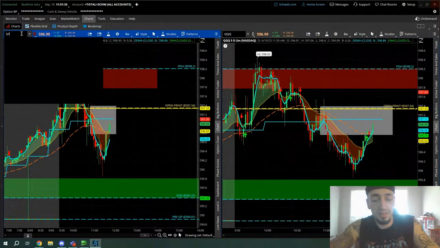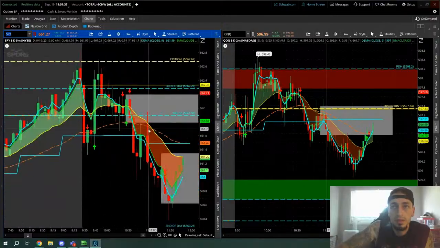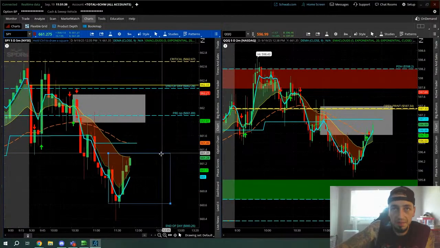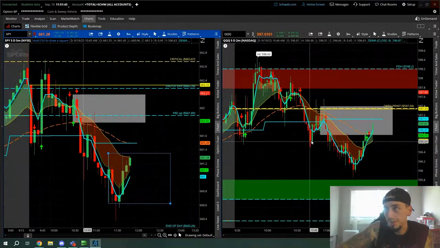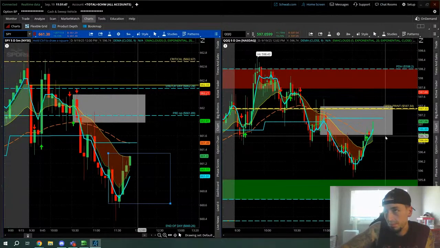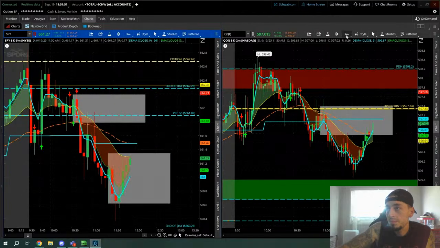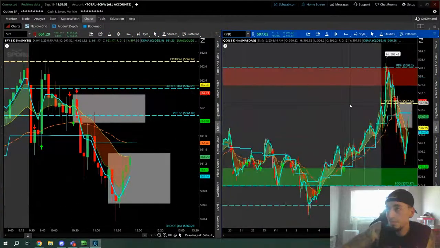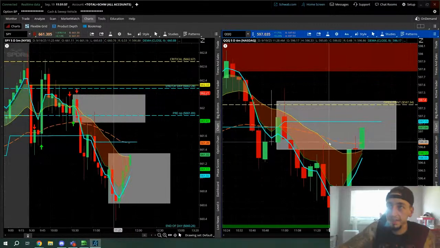Let's see what SPY is telling us. SPY, very similar. It's a little bearish. That's a 4-minute RBI right there.